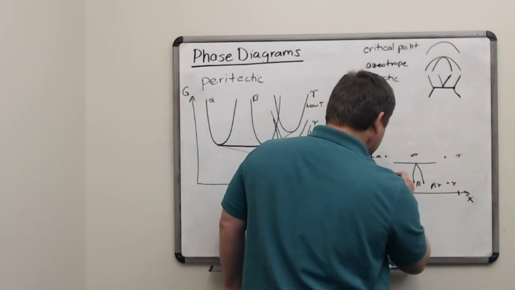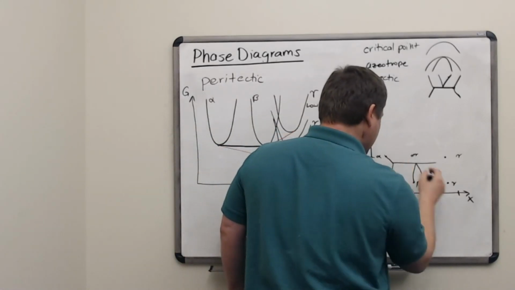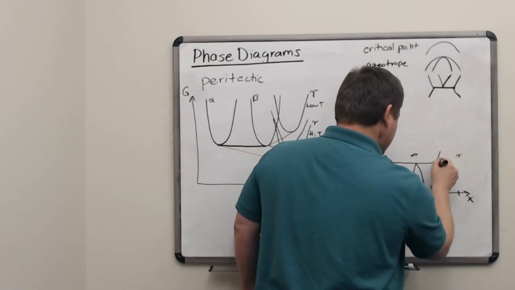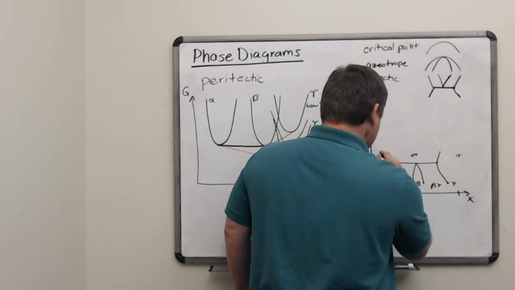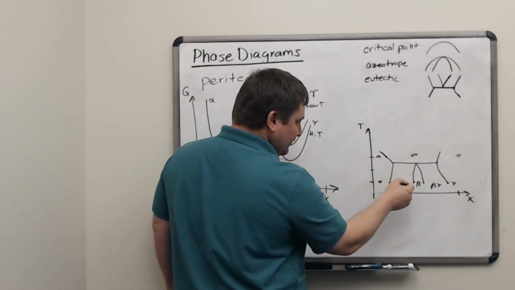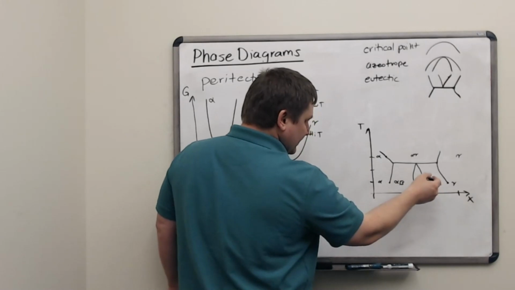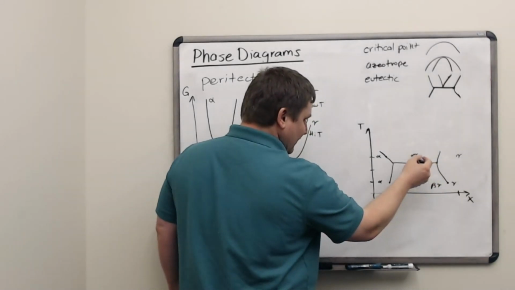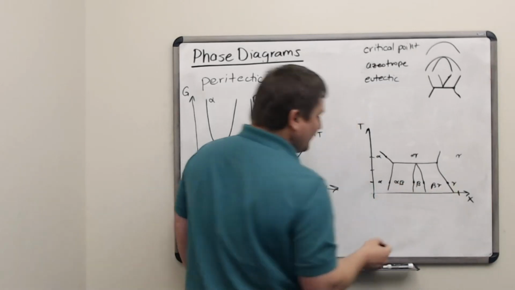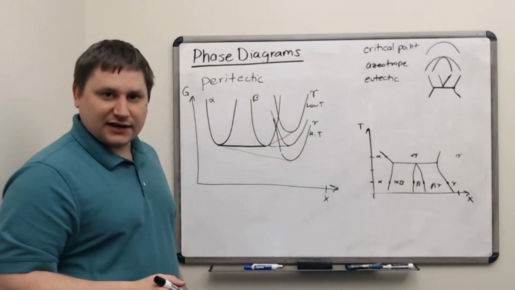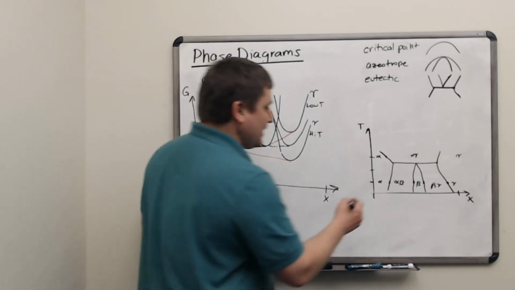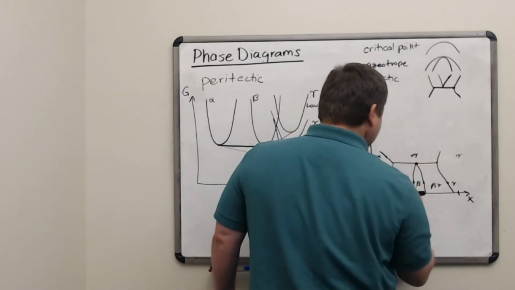So these regions for alpha beta and the beta gamma region just disappear and turn instantly into an alpha gamma region. So if you look at this, it actually looks quite like an upside down eutectic point, and that's exactly basically what it is.